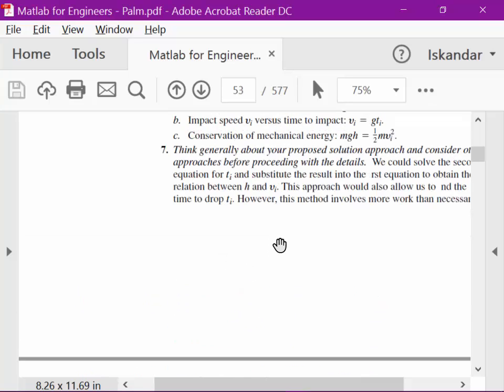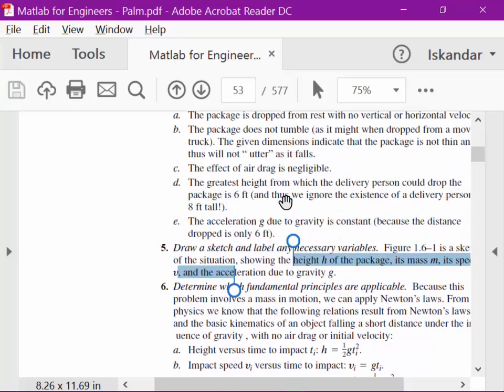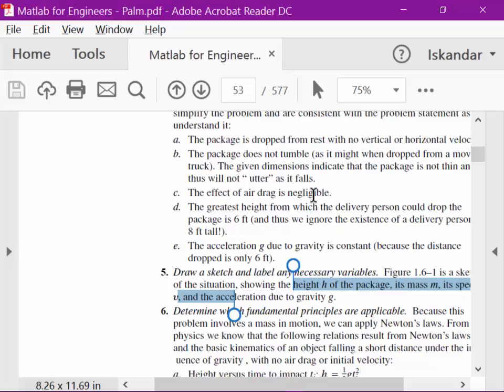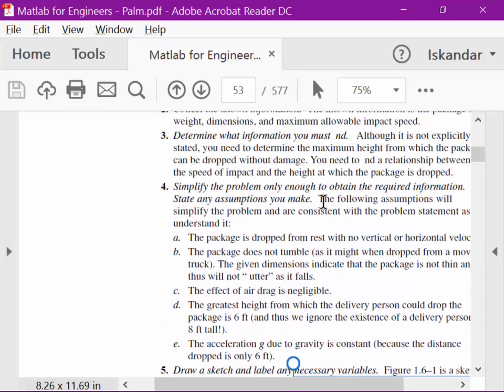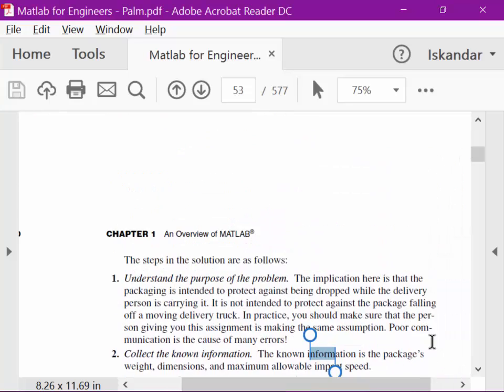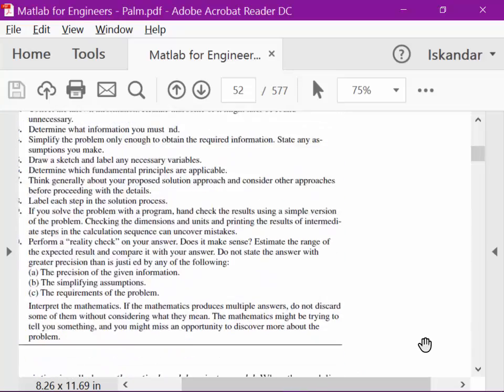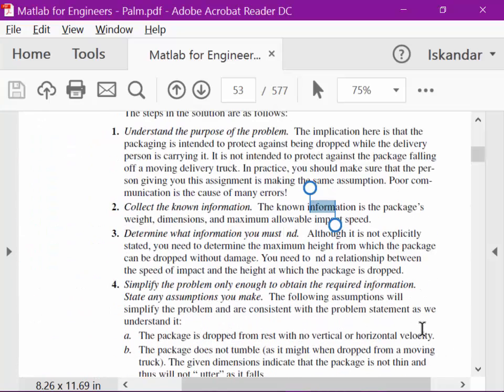When we look at our assumptions, the package is at rest, and we made some assumptions. Where are our assumptions? I remember reading through the assumptions. The delivery carrying is not detected.